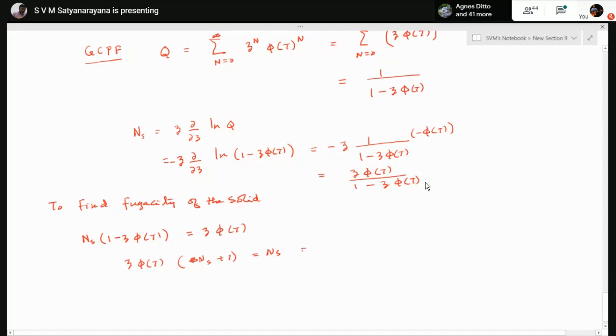Or in other words, you can write down that z of the solid phase is equal to Ns divided by (Ns plus 1) into 1 by phi.